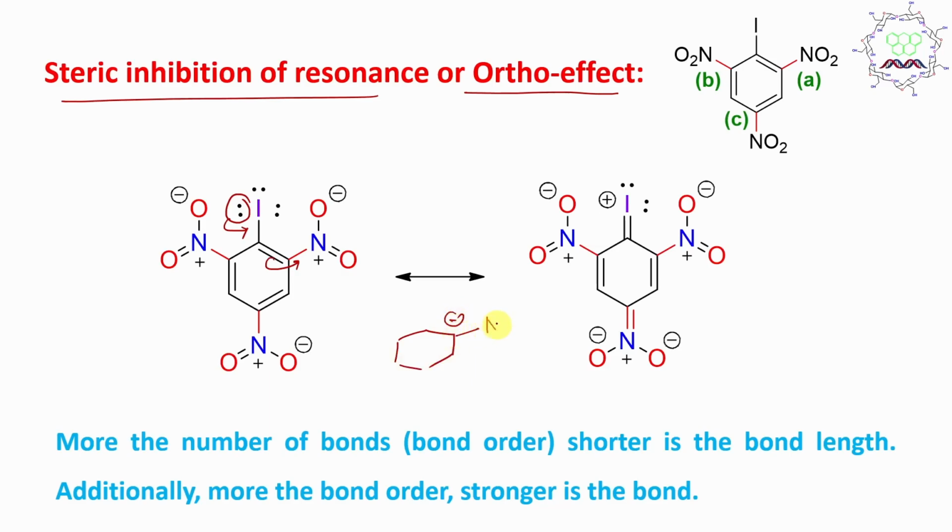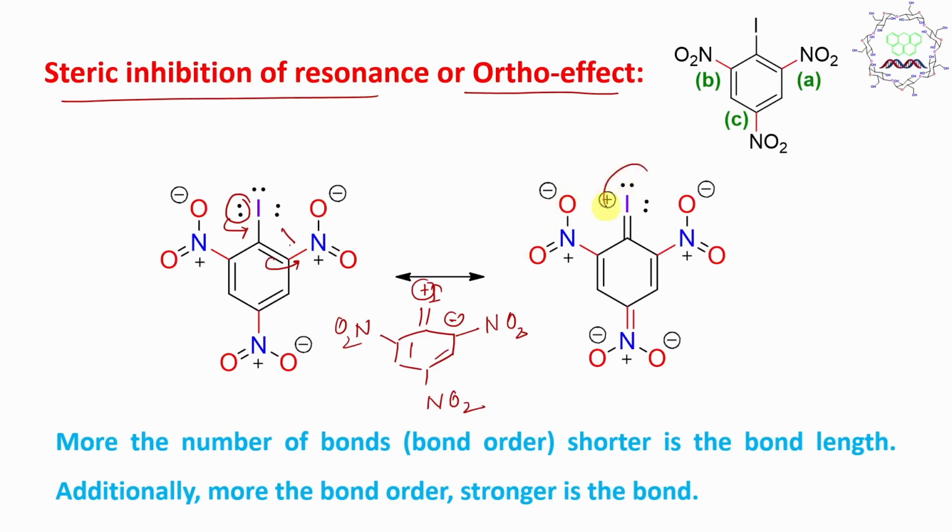Now if you keep an electron withdrawing group like nitro in the ortho and para positions, this delocalization becomes better, or it is facilitated, and this iodine carries a positive charge. We understand this much. Now here the question is where delocalization will be better, in this ortho position or in the para position. That could be explained from the steric inhibition of resonance point of view.